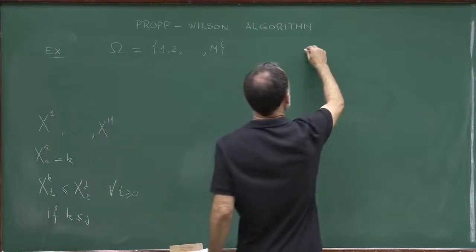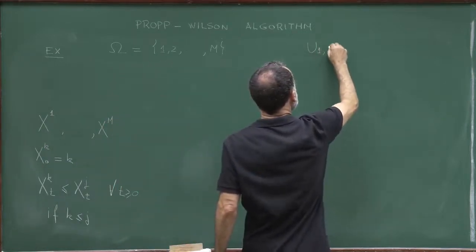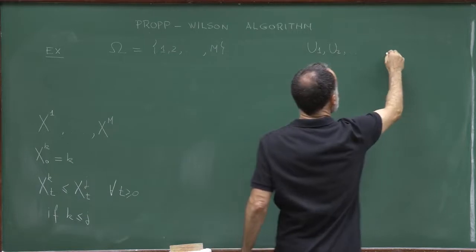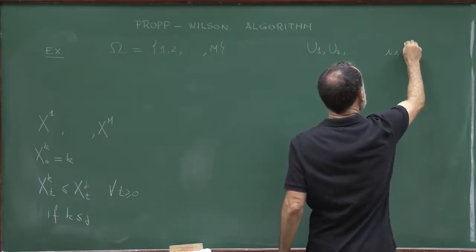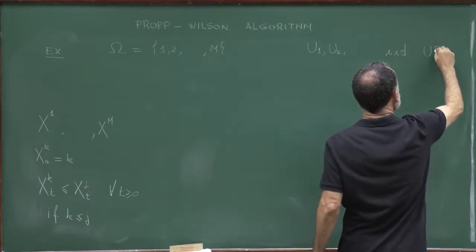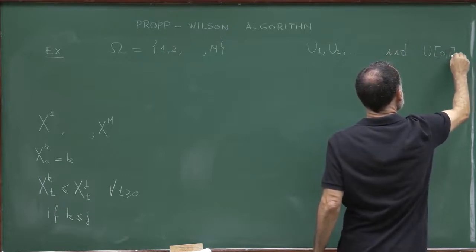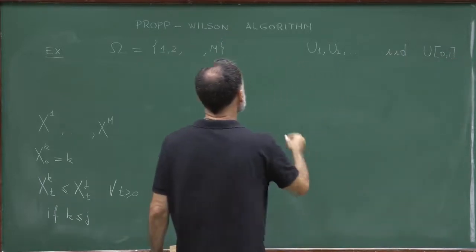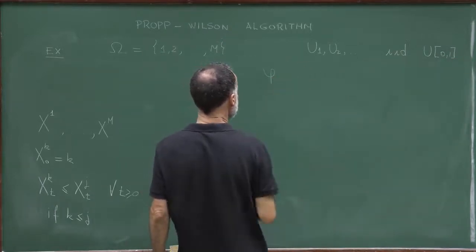So let me consider a sequence U1, U2 of IID random variables which are uniformly distributed in the interval 0, 1. And let me define phi.